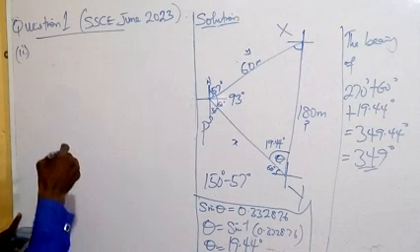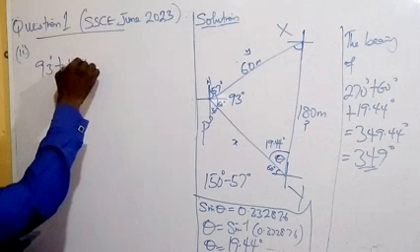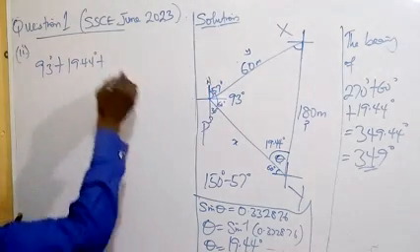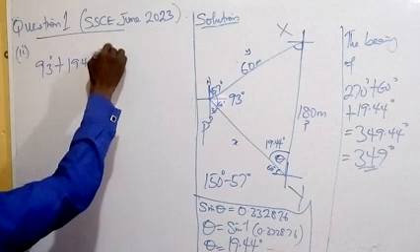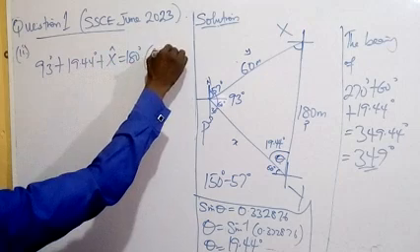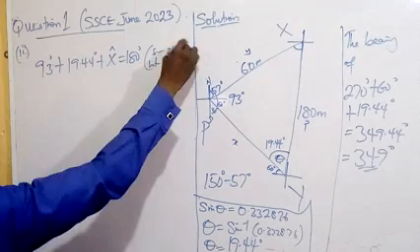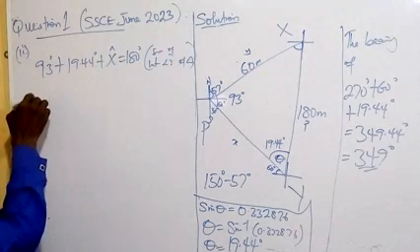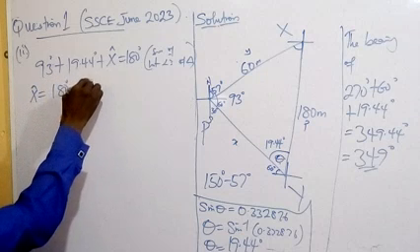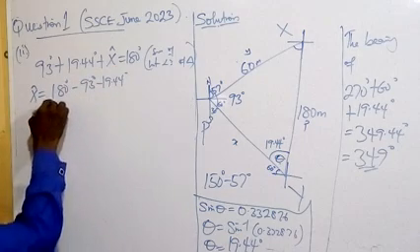Don't forget the sum of interior angles of a triangle is equal to 180 degrees. So we can say 93 degrees plus 19.44 degrees plus this angle, which we call x, equals 180 degrees. So x equals 180 degrees minus 93 degrees minus 19.44 degrees.